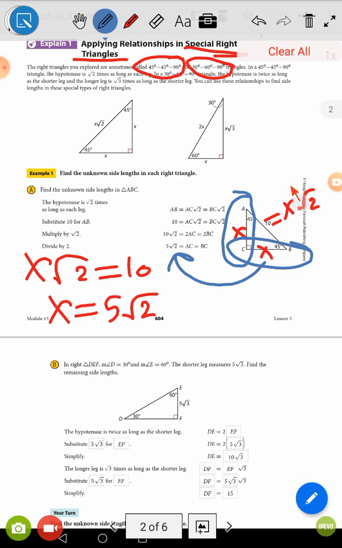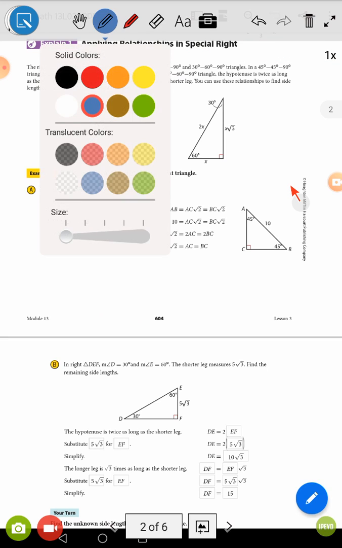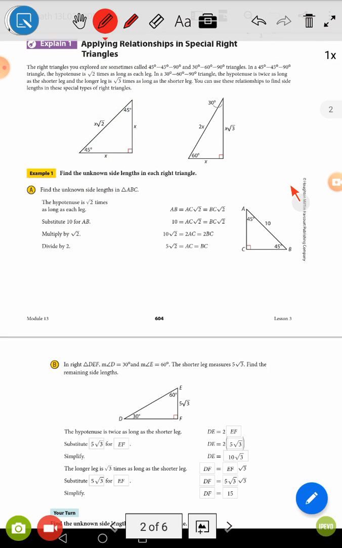Again, another one. That triangle is 30, 60, 90. So we are talking about that special triangle. The side opposite to 30 is x. So that is x. So here that is x.